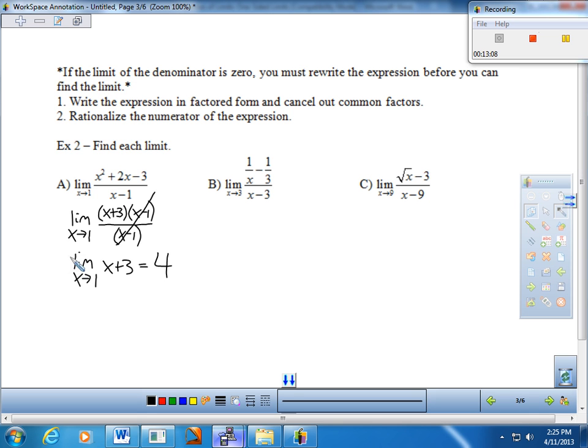All right, so I hope that works. Couldn't put 1 in here, but we can put 1 in right here. And when we do, we get 4. And that's the limit. And just FYI, if I made a table coming at 1 from the left and coming at 1 from the right, we would see the function values getting closer and closer to 4.